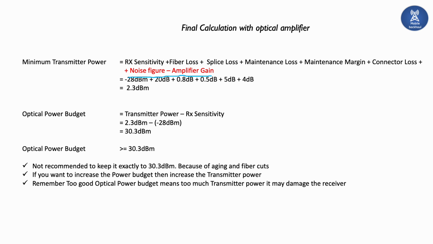Since we have introduced the amplifier, it has a gain, so we are subtracting the gain in the formula. Of course, since it is an electronic device, it has a noise figure. So find out the noise figure for the amplifier and add it to the total loss. So that's it. If you do all those things, we can get the same value, and the derivations are the same for that one.